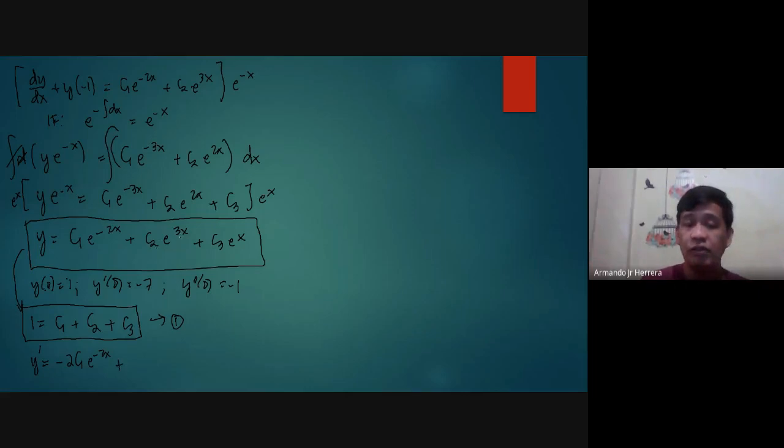Plus c2 e to the 3x times the derivative of 3x, which is 3. So that's 3c2 e to the 3x. Then you have here plus c3 e to the x as the derivative of c3 e to the x.